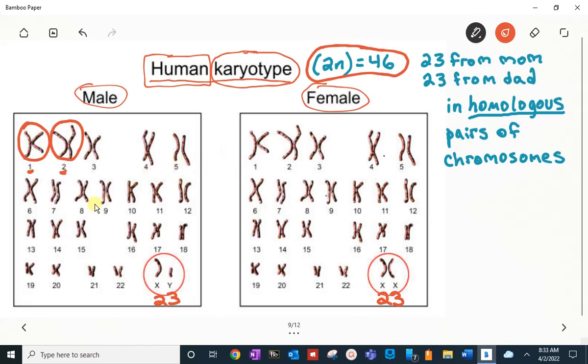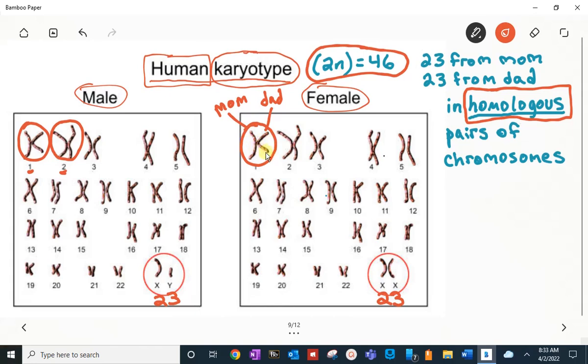And in the karyotype, these chromosomes are paired up in homologous pairs, which means in each set of chromosomes, you have one from mom, like in chromosome number 1, this left one would be from mom, and this one would be from dad. So mom's chromosome number 1 is paired up with dad's chromosome number 1. And together, this is a homologous pair.